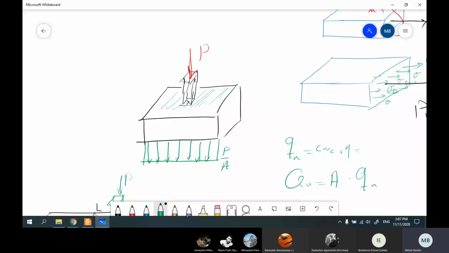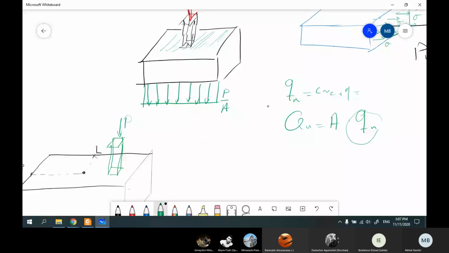What does it mean? That means this one is Q divided by A, because of the uniform distribution.